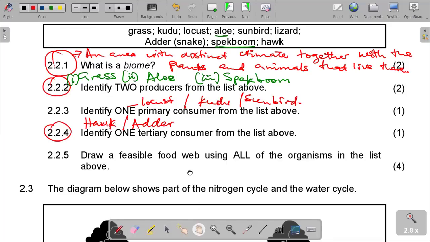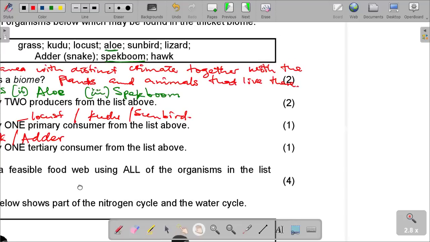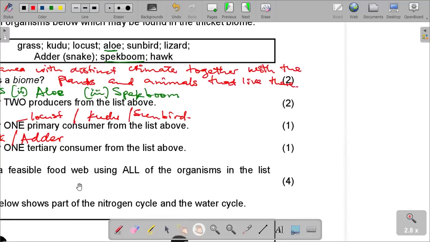We can say thicket biome food web as our heading. That is our title, thicket biome food web.